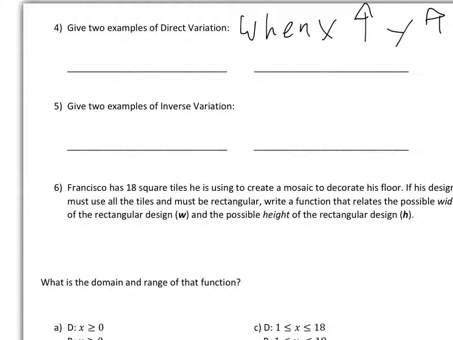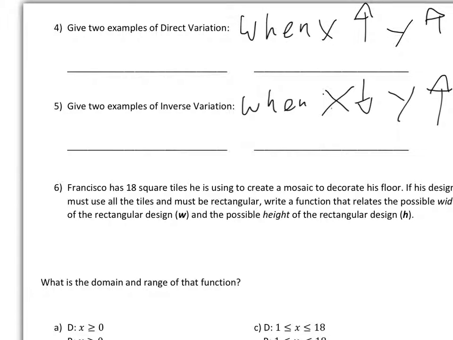Therefore, inverse variation is when x decreases, y increases. So, for example, for direct variation, the more you eat, the fatter you get. For inverse variation, the more you exercise, the thinner you get.